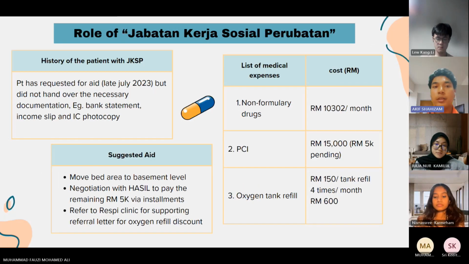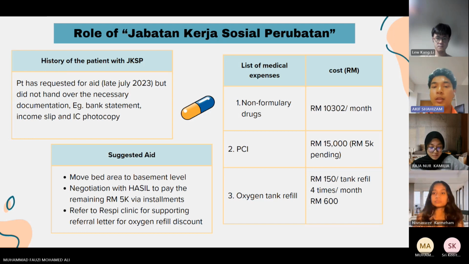Actually, this patient has already requested aid in late July of 2023, but due to him not handing over the necessary documents such as bank statements, income slip, and IC photocopy, Jabatan Kerja Sosial Perubatan was not able to proceed with the aid.